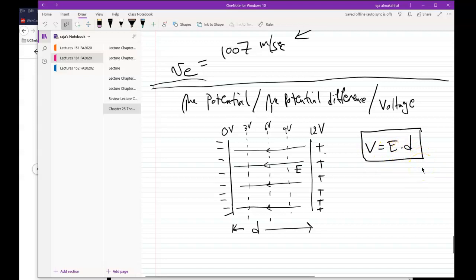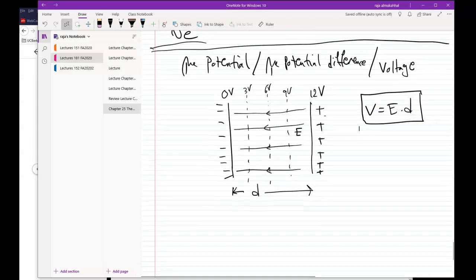Okay, one more thing. Let's say I have a proton situated here. Let's say I'm holding it here, and I let go, and the proton, of course, we did that before, is going to shoot toward the negative plate. Here is my question.